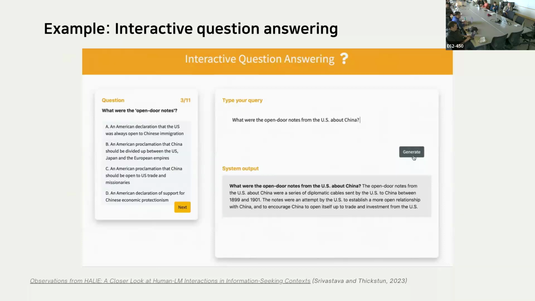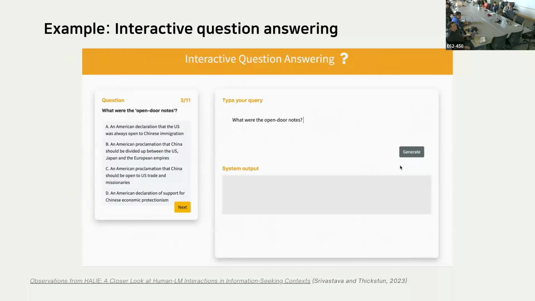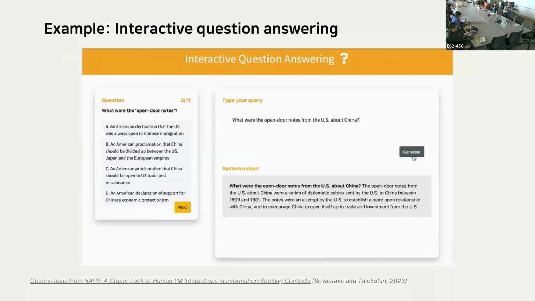What that means is that their natural way of generating is predicting the next word. So for some models, it actually works better if you frame it as "open door notes mean or are," and then the model will generate something. That's one way to get the information out of this model, and maybe that strategy will work better for some models, but not for others.